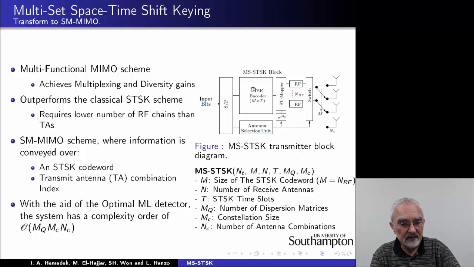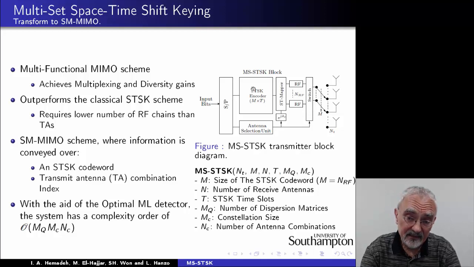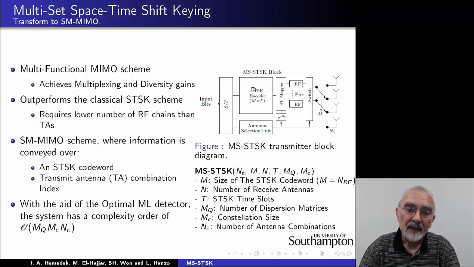So over the past couple of years, we've been looking at various compromise schemes as well, and we found that with the aid of antenna selection, we can actually strike a compelling compromise because we can ultimately decide on the number of radio frequency chains that we want to use on the basis of the number of antennas activated.